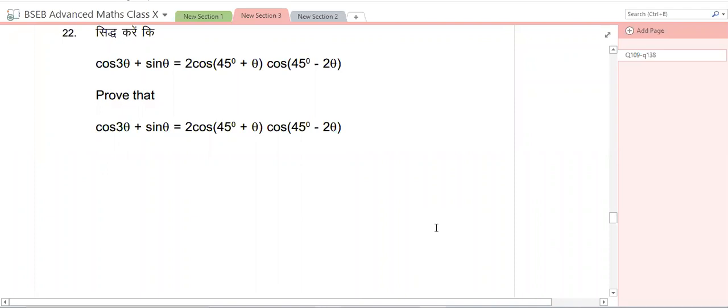Note that half angle formulas, so we want to try to take this into this.